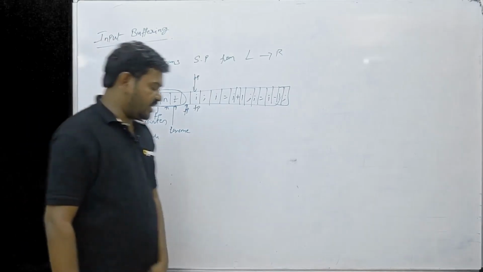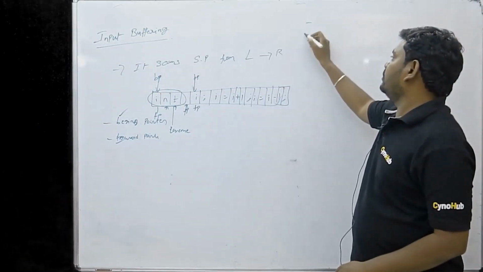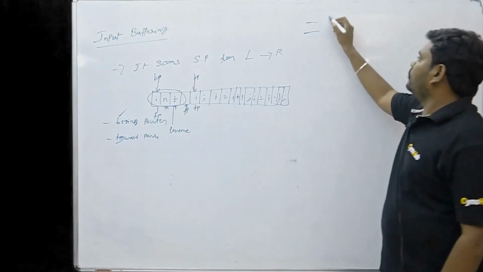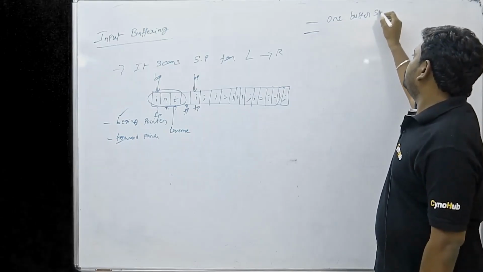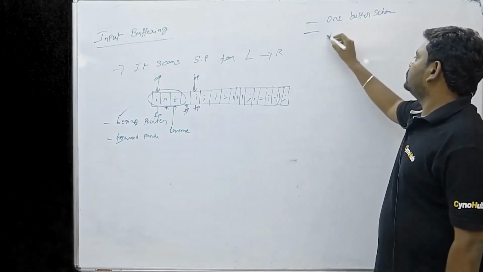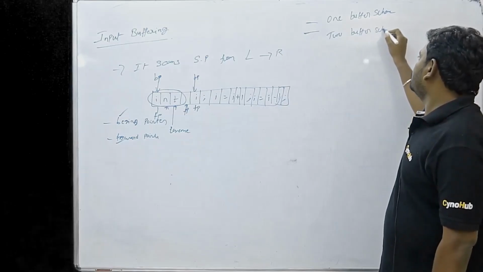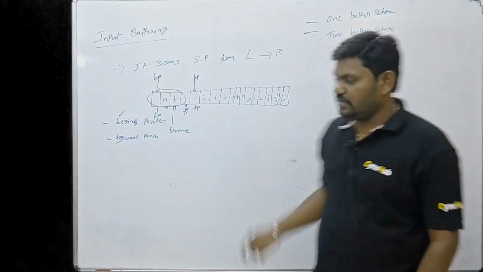Next, there are two schemes used by input buffering to scan the entire source program. One is the one buffer scheme, another one is the two buffer scheme. The one buffer scheme is the same as this one.